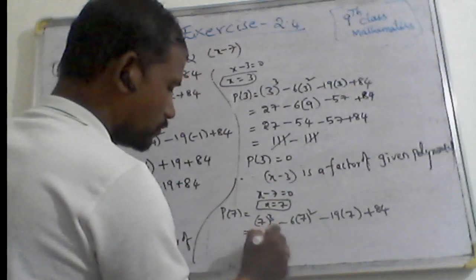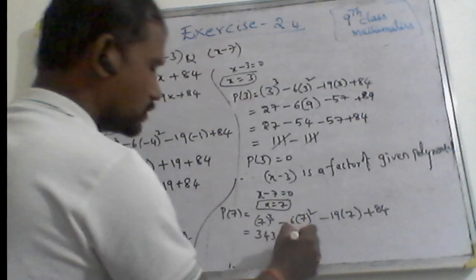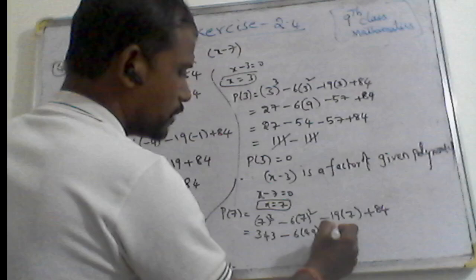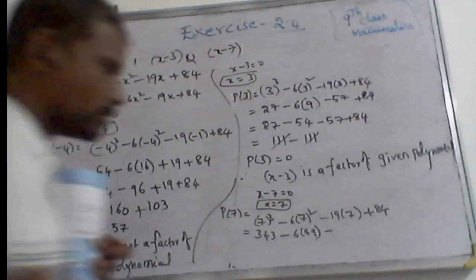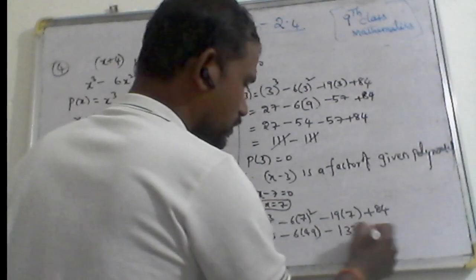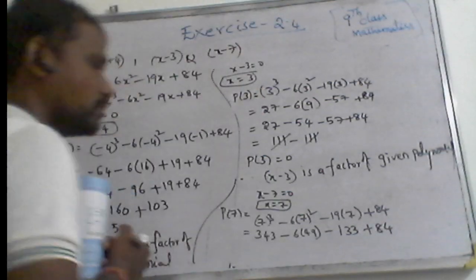7 whole cube is 343, minus 6 into 49, minus 19 sevens are 133, plus 84.